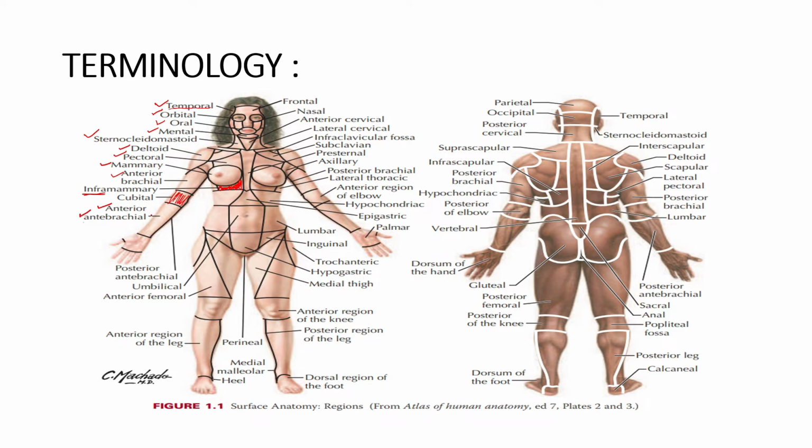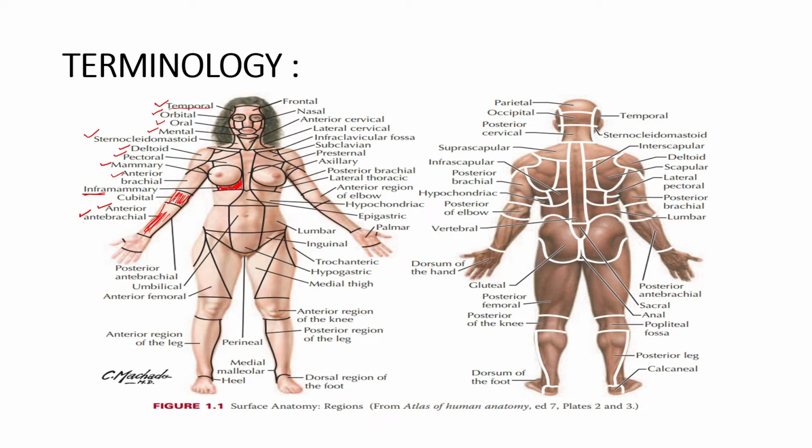So this whole region is called anterior antebrachial region. Now the posterior antebrachial means behind the hand portion, and the front portion is called anterior antebrachial.